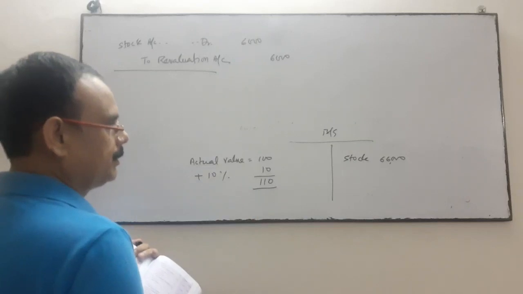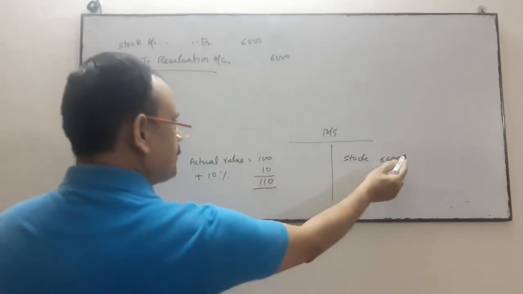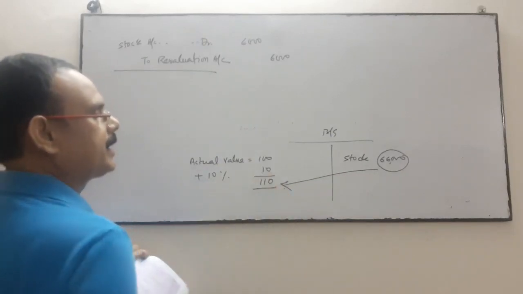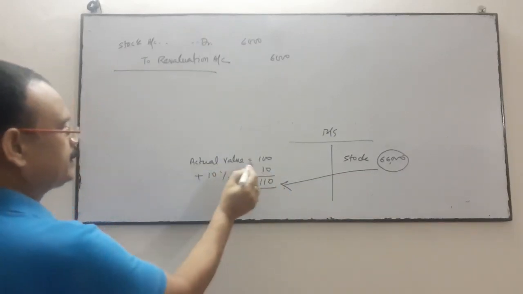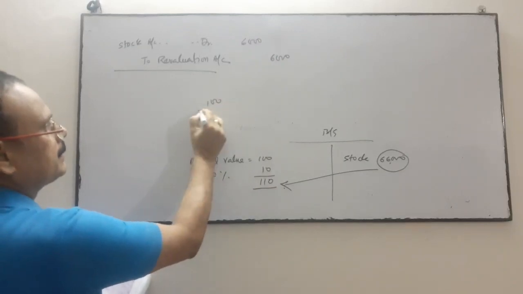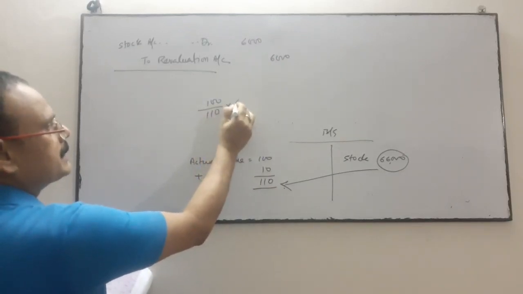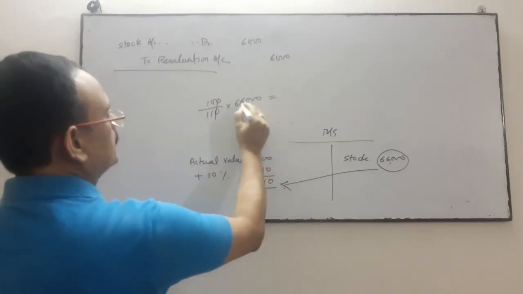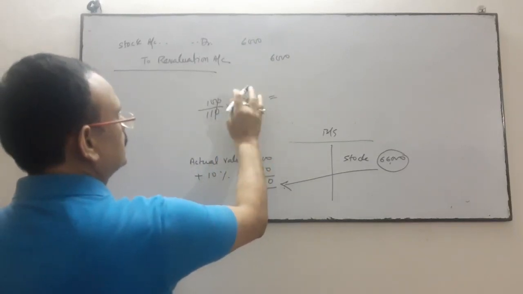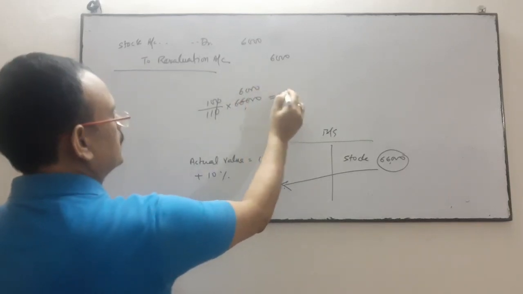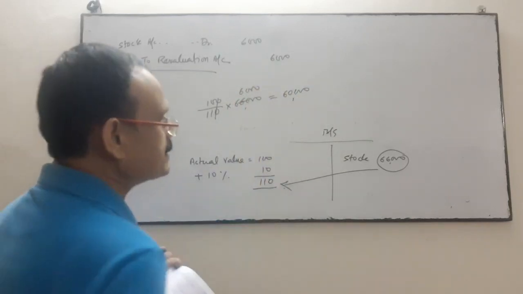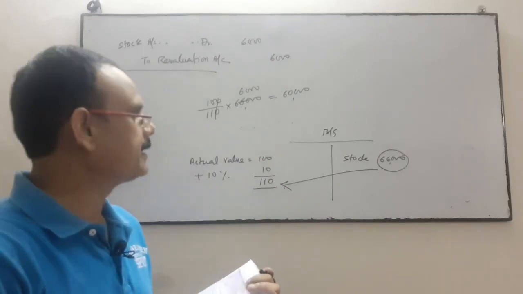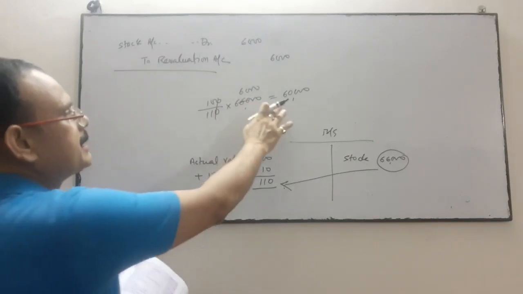It means the balance sheet figure is representing this 110. So if it is 110, then the actual value is 100 upon 110 into 66,000, so it is 60,000.